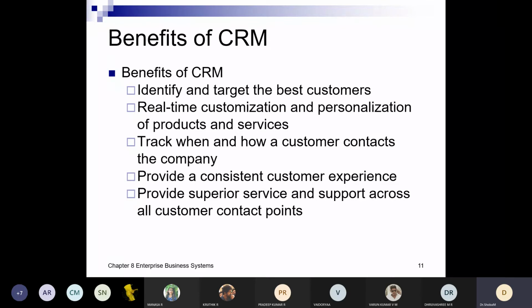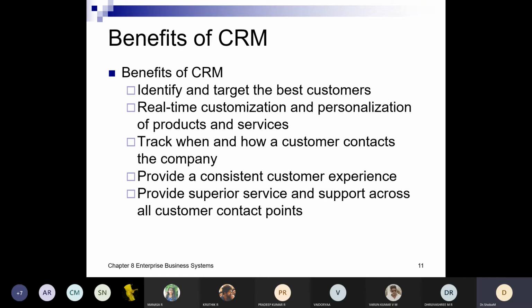Based on these categories, they can easily push the advertisement or promotional details about their products, right? So it very much helps to track when and how a customer contacts the company, and provides a consistent customer experience.